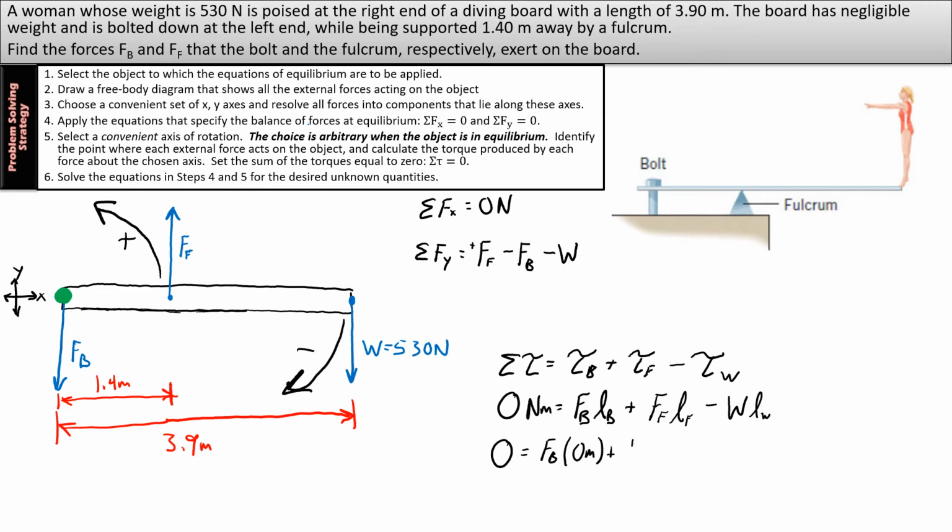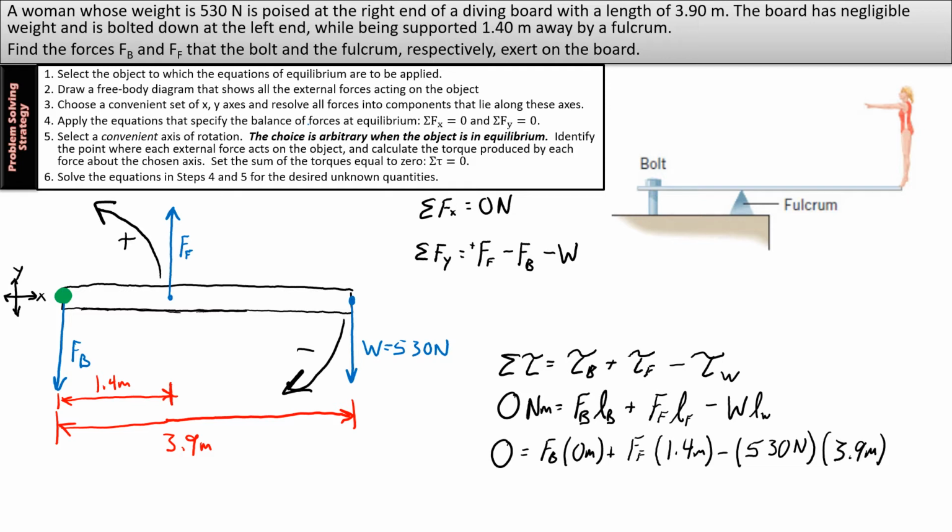We know this lever arm is 1.4 meters. The line of action for this force is 1.4 meters perpendicularly from the axis. So that's going to be 1.4, minus the weight we said was 530 newtons. I do have that unit on the side there, but I'll write it in. And the lever arm from the axis to that line of action is 3.9 meters.